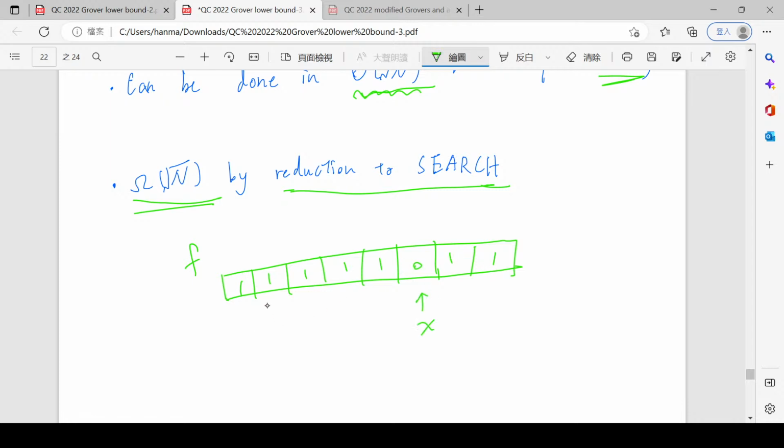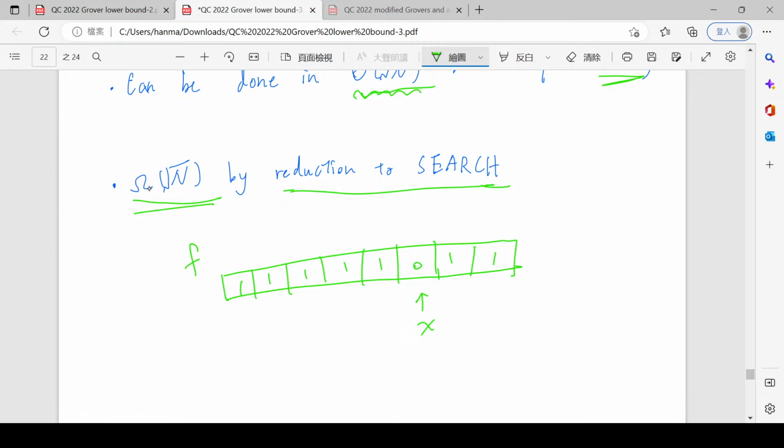Now this is just Grover with 0 and 1 flipped, so you are trying to find the location of 0. That's minimum finding. If you can do minimum finding, then you can find the location of the 0, and then you can solve the search version of the Grover problem.